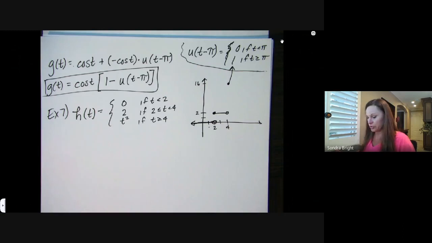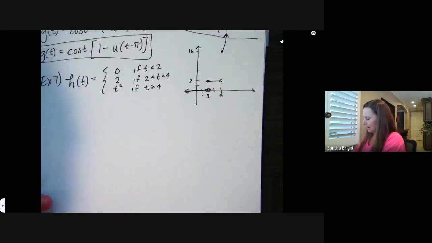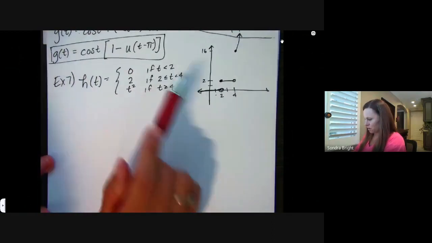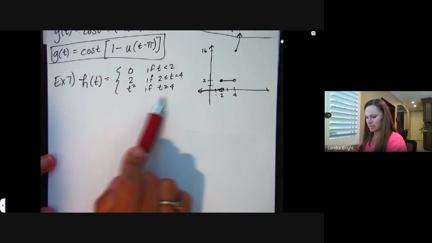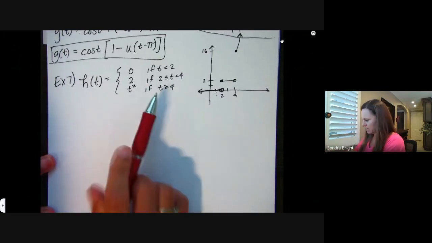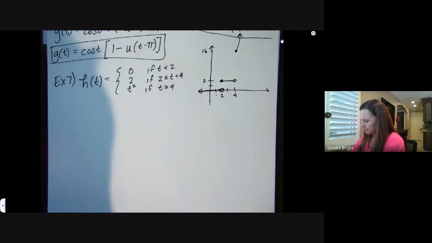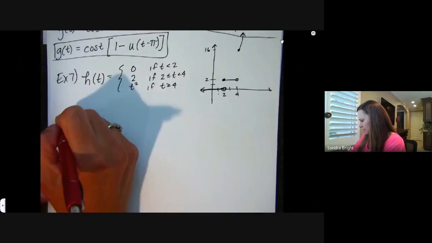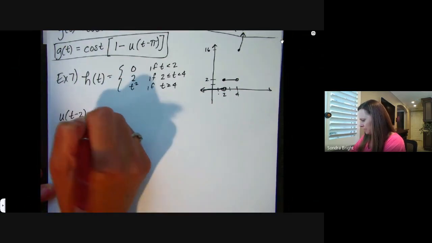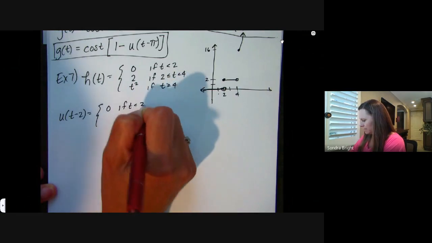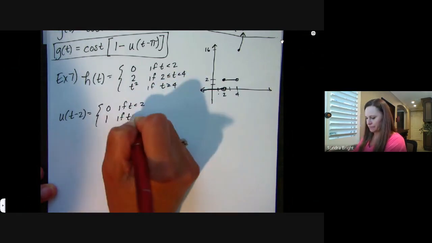Let's now write it in terms of the unit step function. So I need u of t minus 2, and I also need u of t minus 4, because that's where these pieces are changing. That's where the switches are happening, right? So u of t minus 2 is, by definition, 0 if t is less than 2, and 1 if t is greater than or equal to 2.